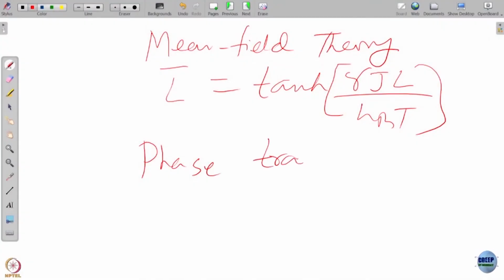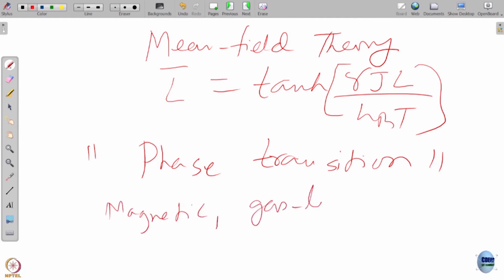It does capture many aspects of phase transition of three systems, which are magnetic, gas liquid, then binary alloy, order-disorder transition in binary alloy.